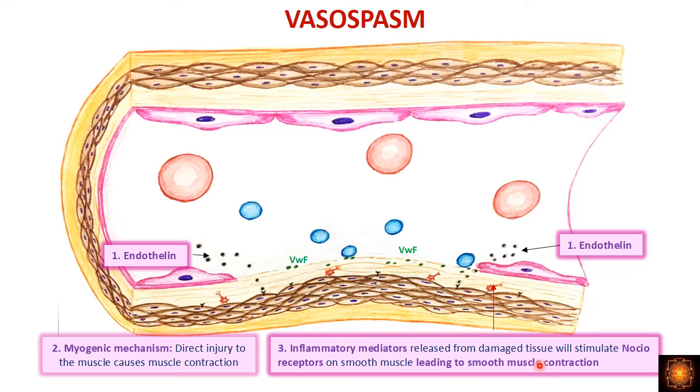So now you understood the vasospasm is caused by endothelin, or by direct muscle contraction because of the damage, or by the inflammatory mediators which act on the nociceptors present on the smooth muscle, leading to smooth muscle contraction.